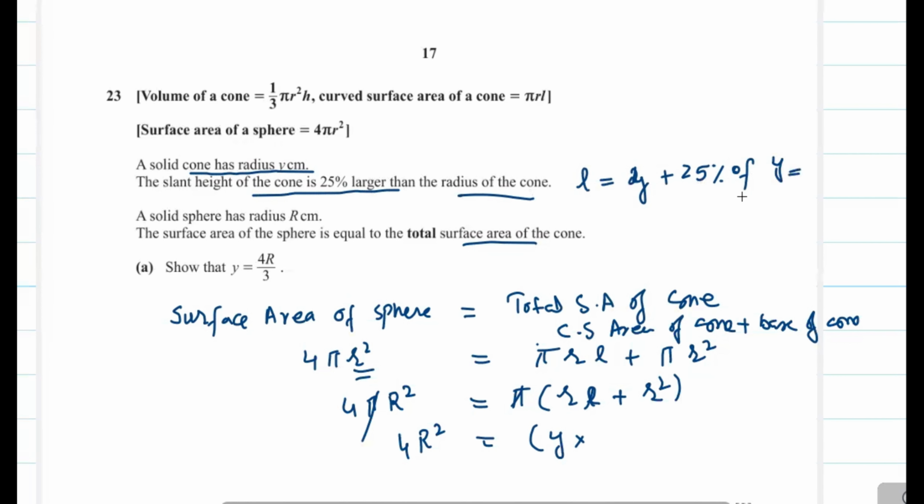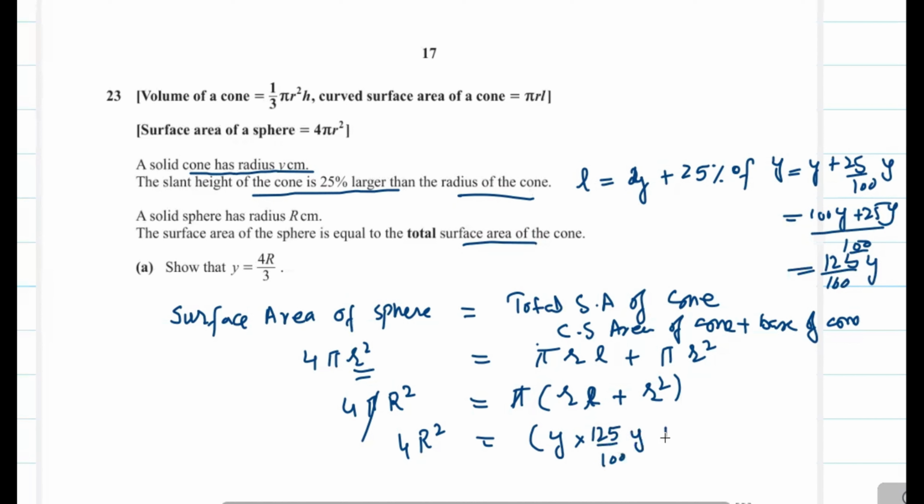We can write it as y plus 25 over 100 into y, that's equal to 100y plus 25y over 100, that's equal to 125 over 100 y. Now we write it as 125 over 100 into y plus radius, we write it, radius of cone is y square.